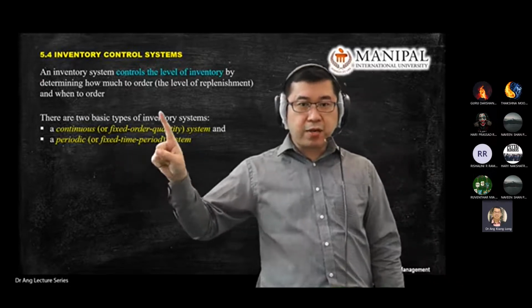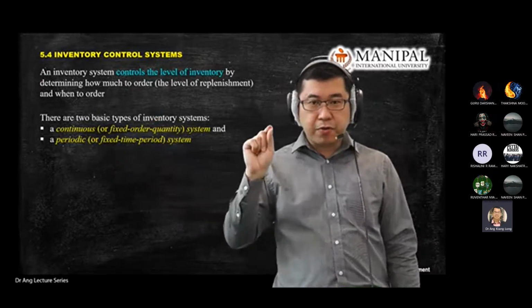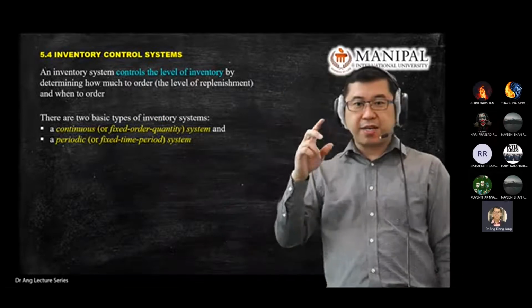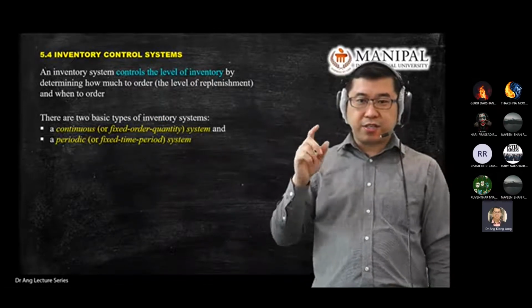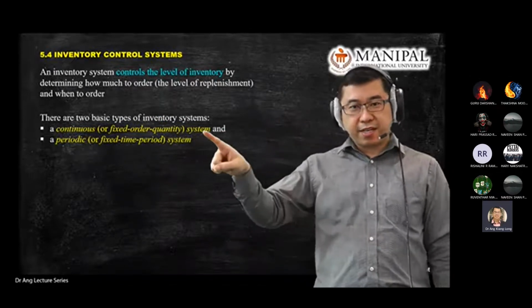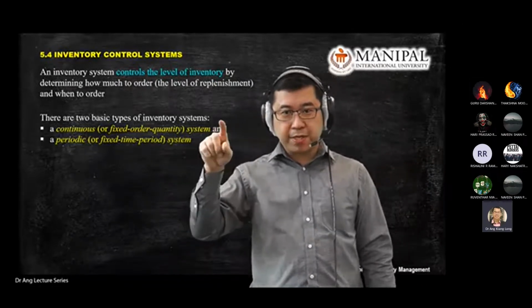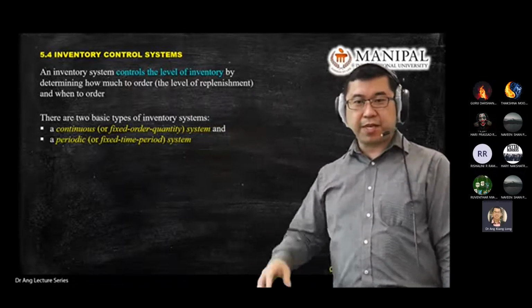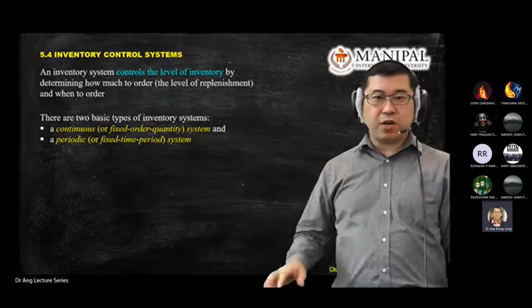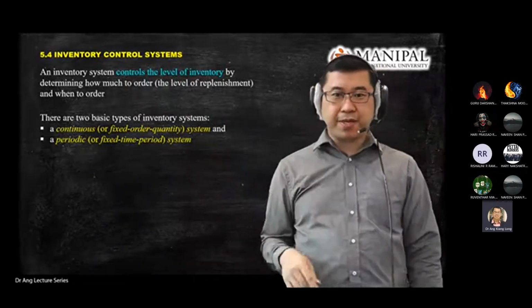Continuous one, you look at the quantity you purchase in the system. Let's say if it's continuous, if it hits below certain numbers you purchase, meaning in your storeroom, you always have that minimum number.